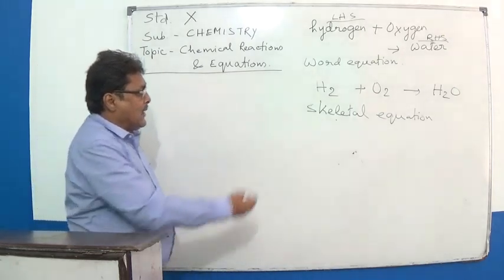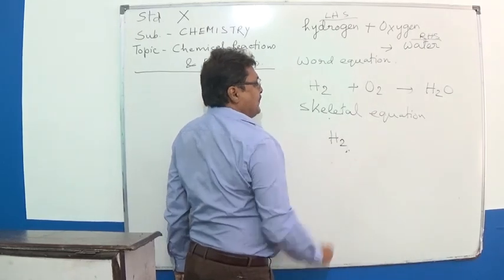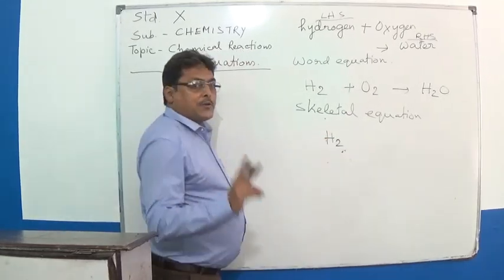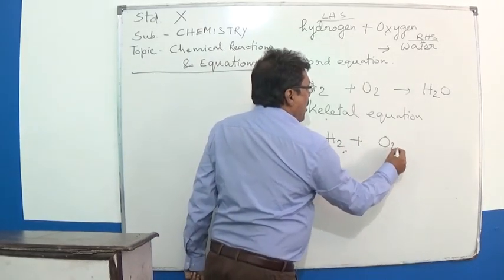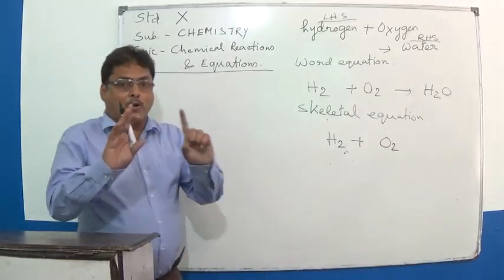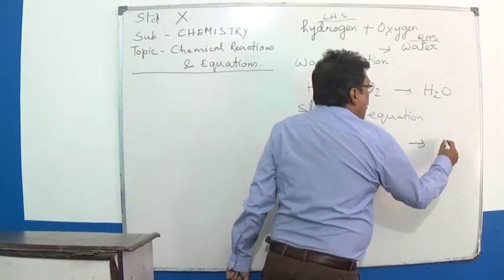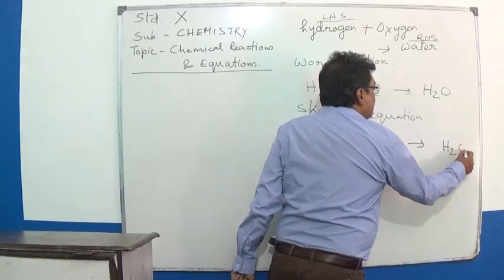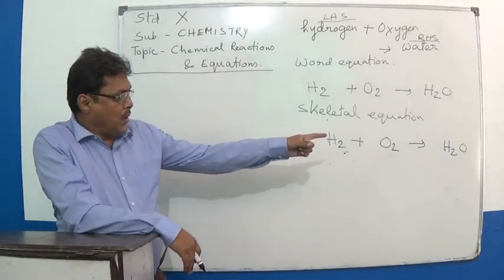Look at it. Suppose we know one molecule of hydrogen has two atoms, and one molecule of oxygen has two atoms, and it produces one molecule of water, H2O.